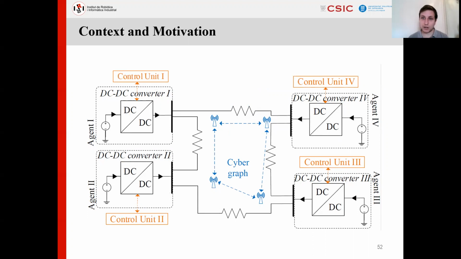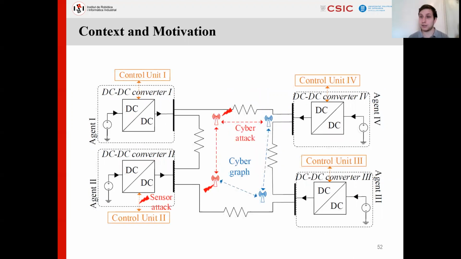The problem with this new architecture is that now you have opened up the possibility of attacking the local sensors at each agent or the communication links that connect neighbor agents. And actually, by attacking a sparse selection of sensors and communication links, you can destabilize the whole microgrid. This is why there is an interest in developing algorithms that can detect and mitigate such attacks.